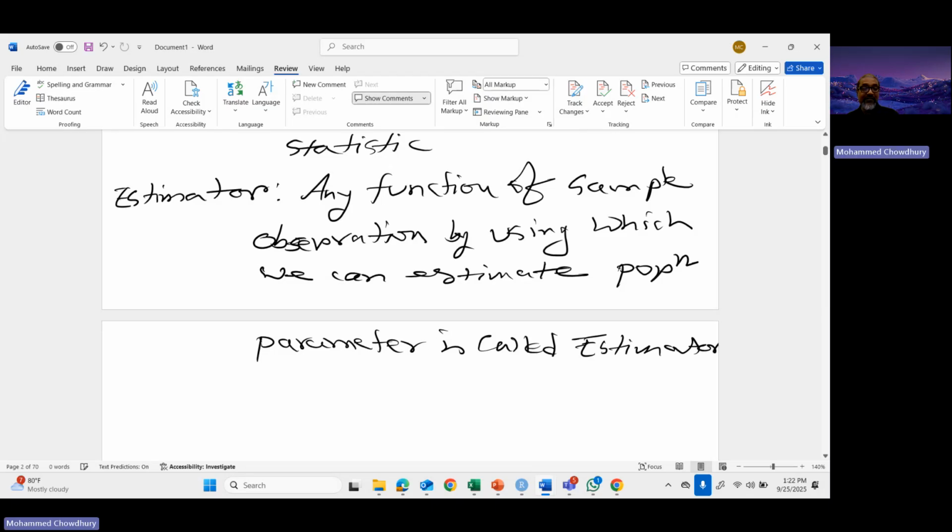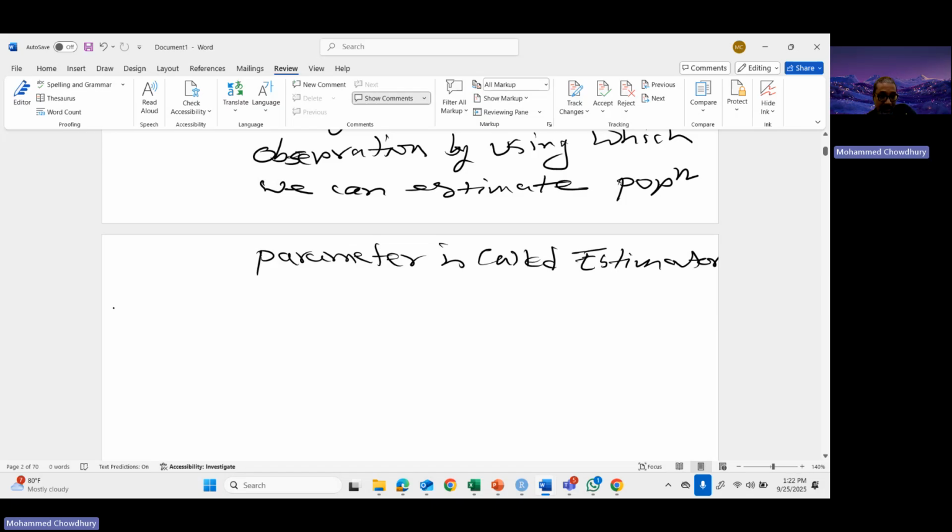And finally, another definition, then I will move to another topic: the estimate. Value of a parameter for a specific sample.